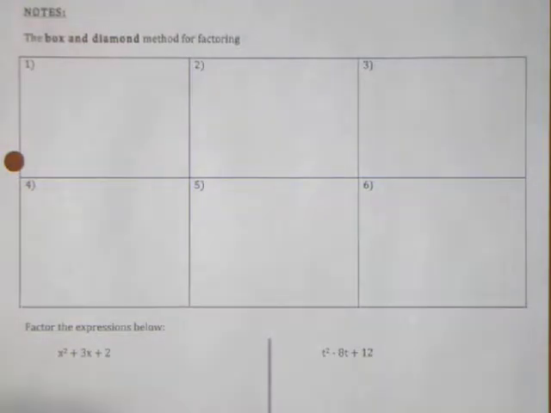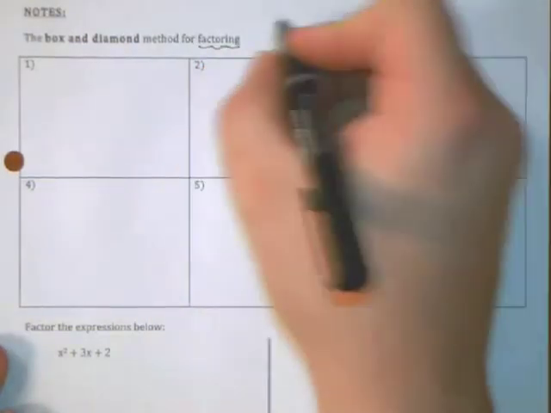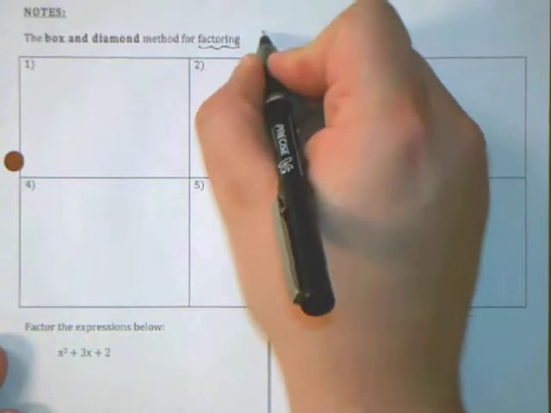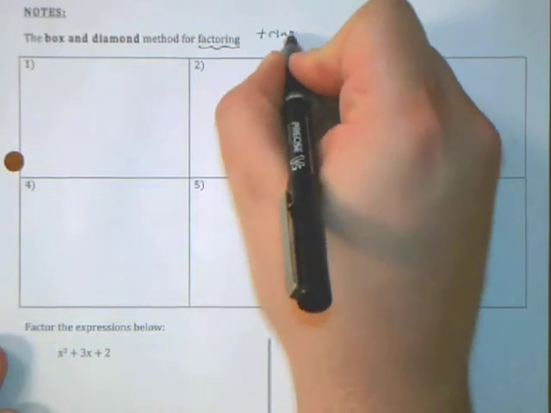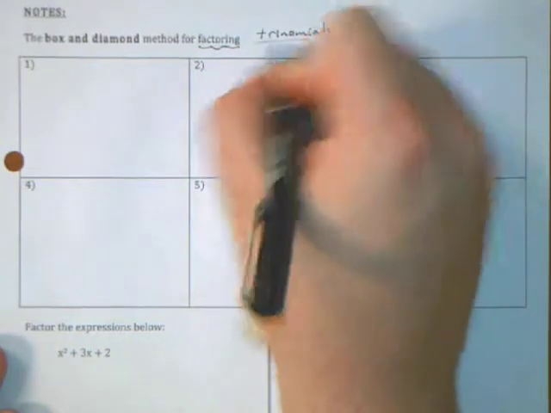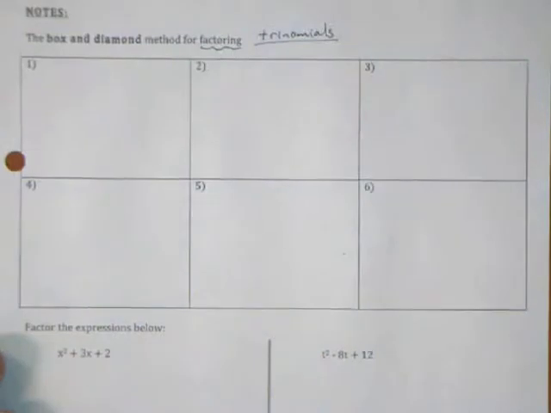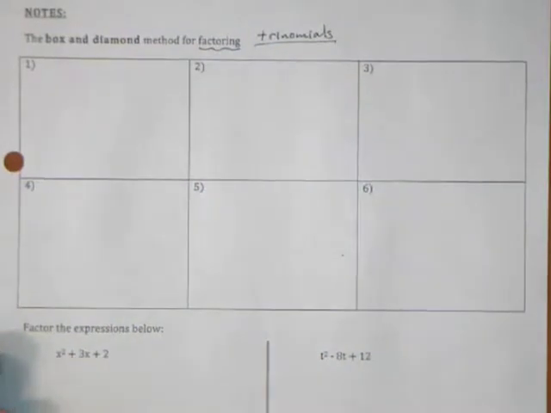For factoring trinomials, three-term polynomials, this is the method we're going to probably first think of. Okay, the box and diamond method goes as follows.